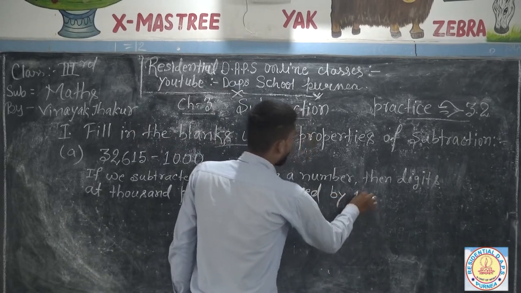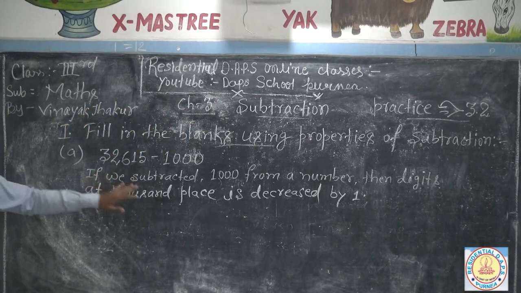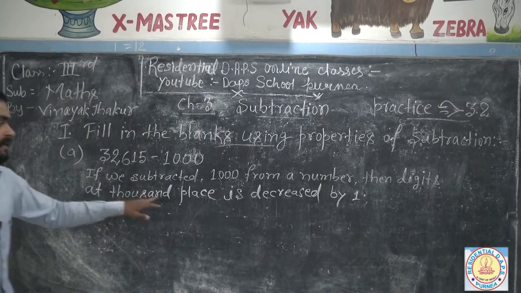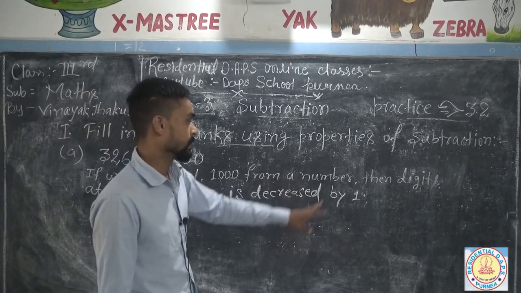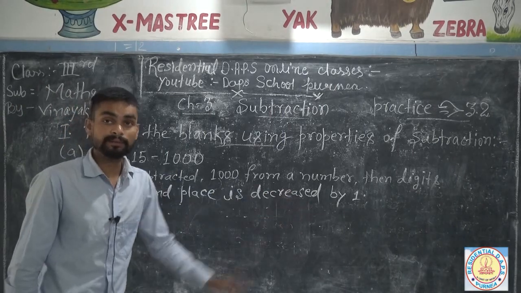So guys, this is the formula and the property of subtraction. If we subtract 1,000 from a number, then the digit at thousands place is decreased by 1.